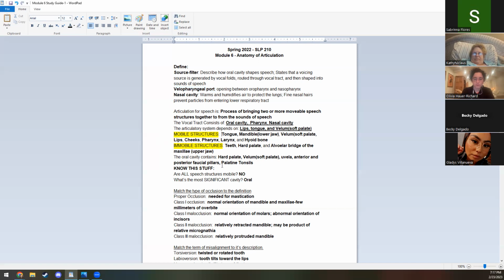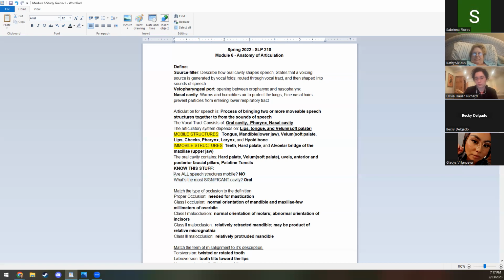But we'll see. And then the oral cavity contains the hard palate, the soft palate, the uvula, the anterior and posterior faucial pillars, and then the tonsils. And then stuff to know. This was already answered, and if they're wrong, let me know.